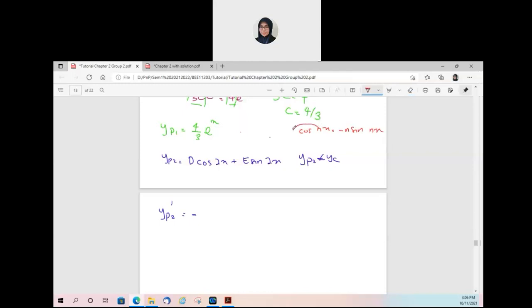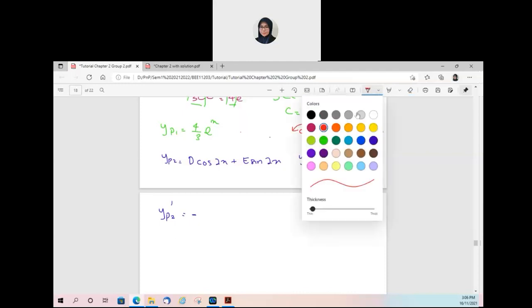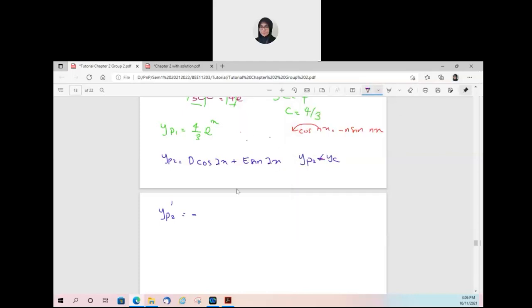Then this one will be minus 2D sin 2x, plus with 2E cos 2x.